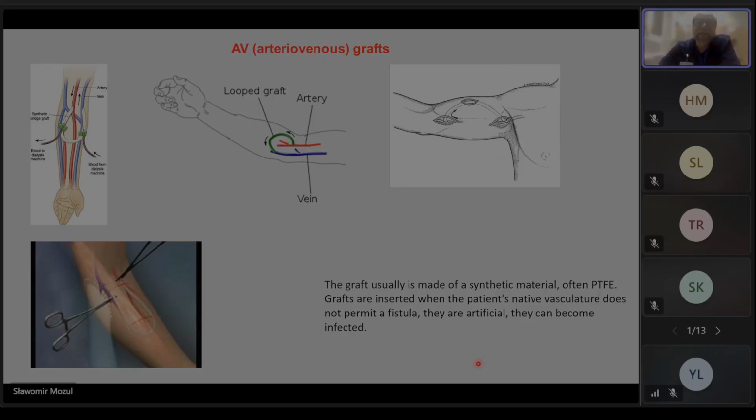Sometimes it is necessary to use synthetic grafts instead of arteriovenous fistulas. They are simply artificial vessels connecting an artery to a vein.